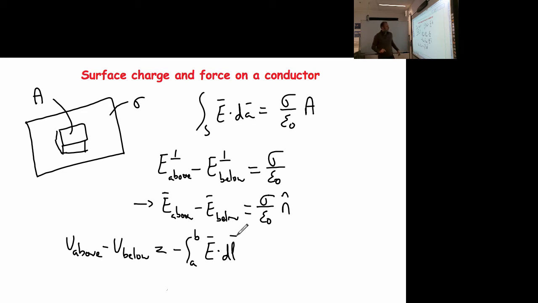Now what this tells us is that as A and B come closer together, the path length gets shorter. What eventually is going to happen at the surface is V above is going to equal V below.